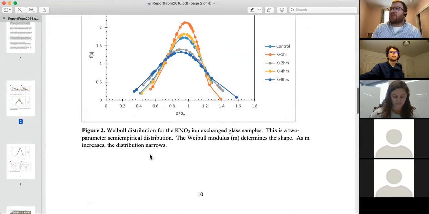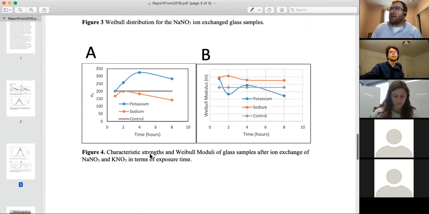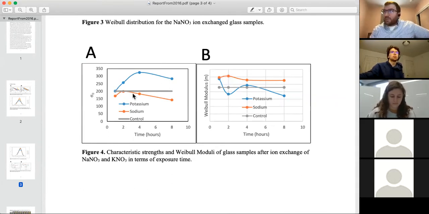And if we go to the results, the main thing I'd draw your attention to is this. We'll talk about the Weibull analysis later, but this is basically strength from our analysis. And so our control is this line.